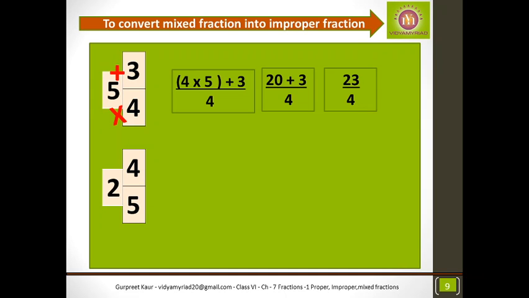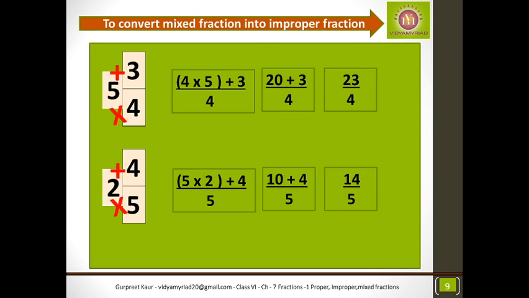Same way, I have 2 4 by 5. Let me convert it. 5 2s are 10. 10 plus 4, 14. So my answer is 14 upon 5. Now if you see here, your 23 upon 4 and 14 upon 5 both represent improper fractions because your numerator is bigger than the denominator.